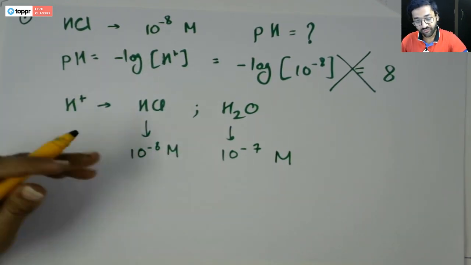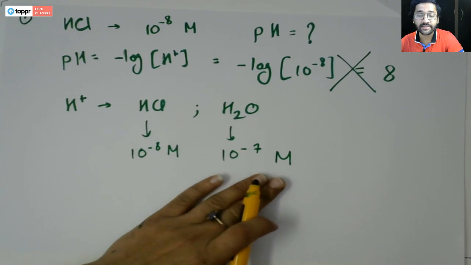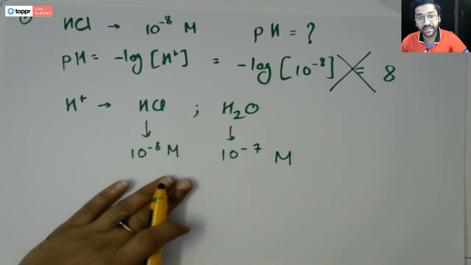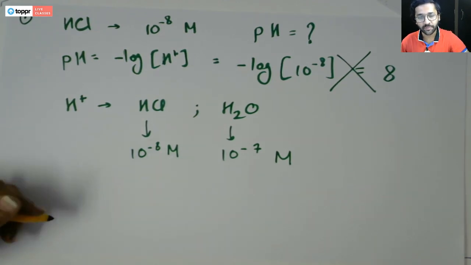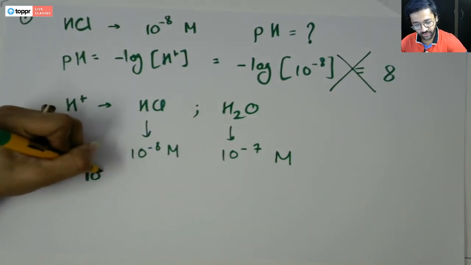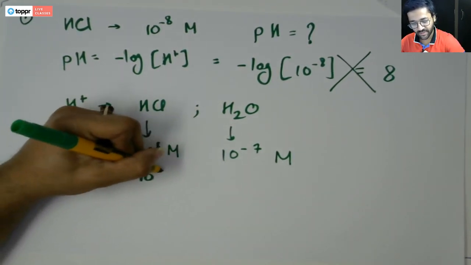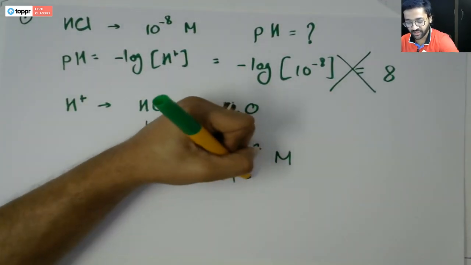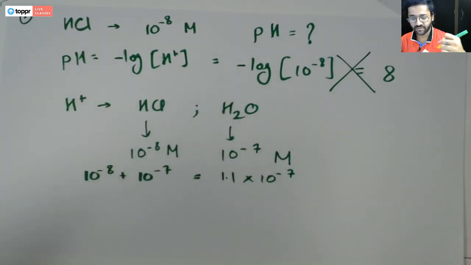So now what we need to do is add these two hydrogen ion concentrations, find the answer, and then finally calculate the pH. So we do 10 to the power minus 8 plus 10 to the power minus 7, which is approximately equal to 1.1 into 10 to the power minus 7.